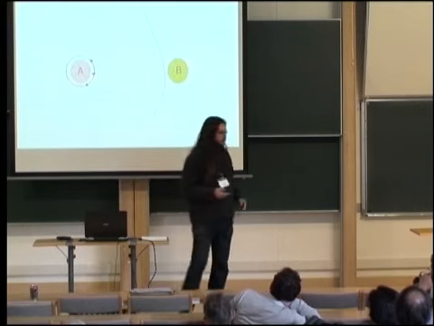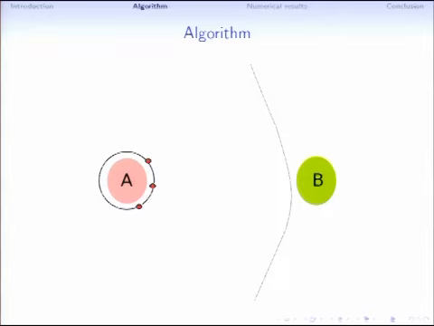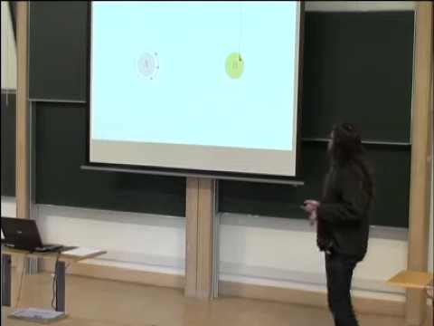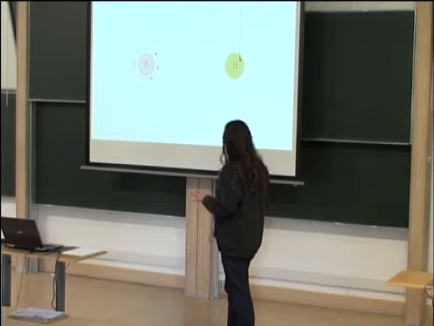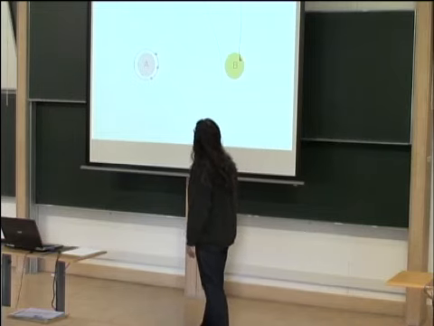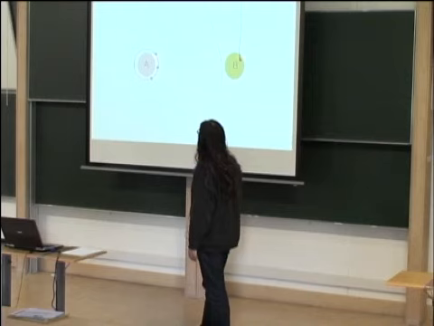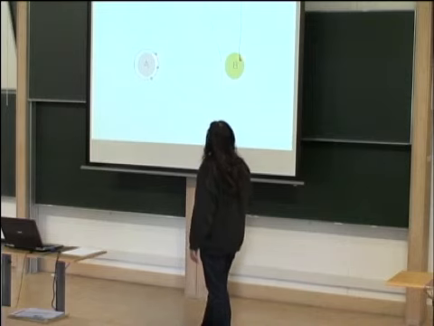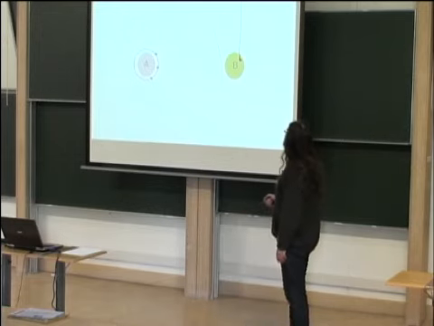Now I will explain the algorithm. It's very similar to what Arnaud showed us yesterday. Here, the circle is the surface where my reaction coordinate Xi equals z min, and this curve is the surface where my reaction coordinate equals z max.